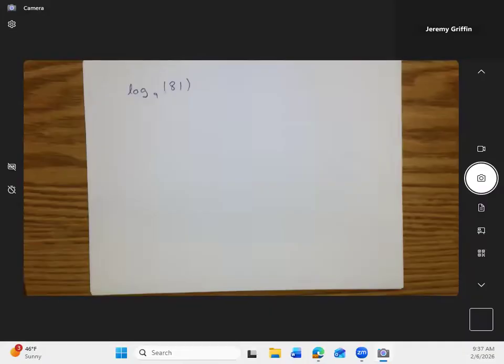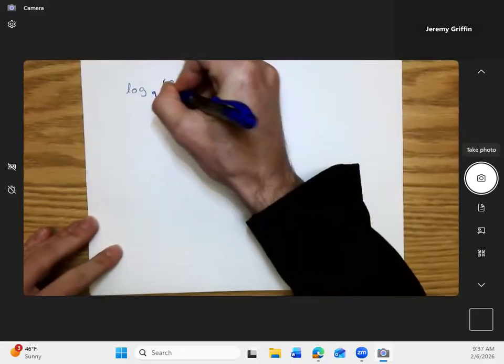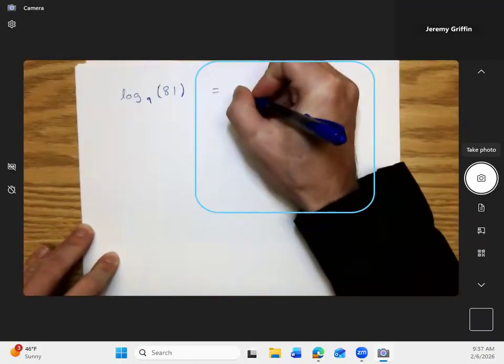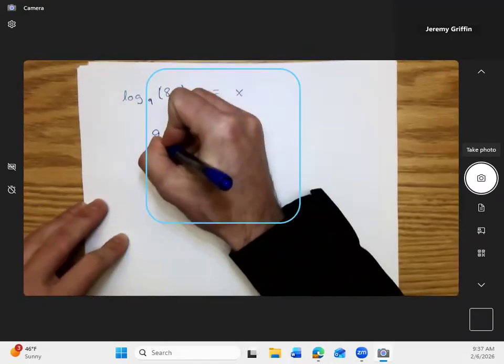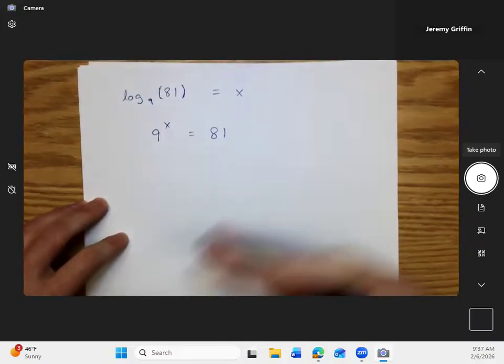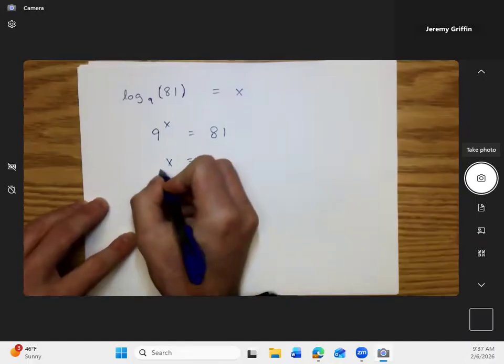I'll show you a couple of ways you could solve that. One way is to say, if this is equal to x, I could rearrange it as an exponent: 9 to the power of x is 81. I know 9 squared is 81, so x has to be 2. That could be the answer.